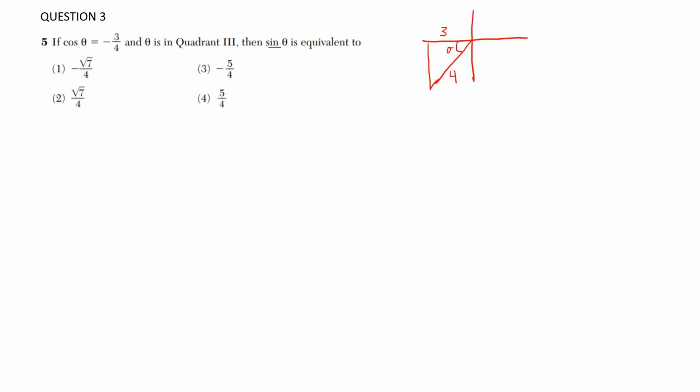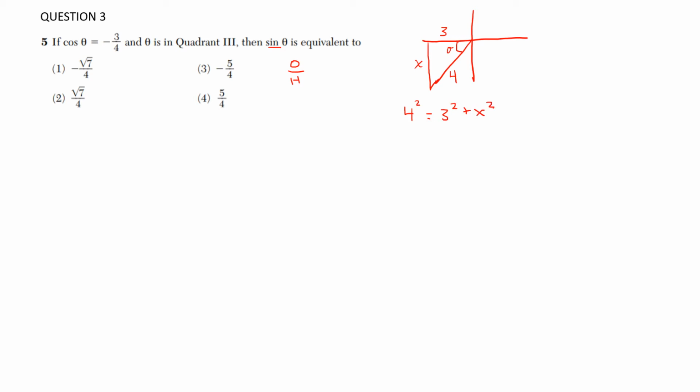And it's asking us for sine, which is opposite over hypotenuse. So we're still looking for this. We can simply do the Pythagorean theorem again. 4 squared, which is the hypotenuse, equals 3 squared plus x squared.